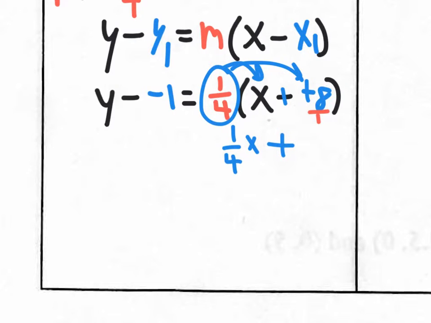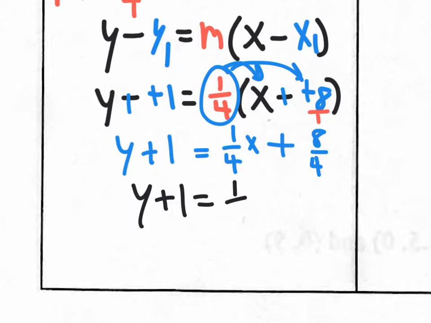So we end up with 8/4, which ends up being a nice, beautiful 2. Now let me just rewrite the whole thing so we don't make any mistakes. This on the left becomes plus plus. We have y plus 1. We did say that the 8/4 ends up being 2. So we really have y plus 1 equals 1/4 x plus 2.